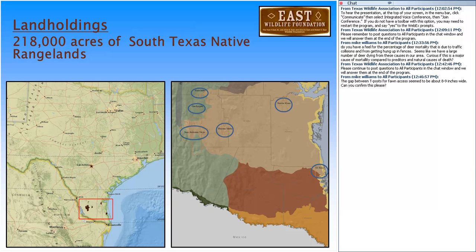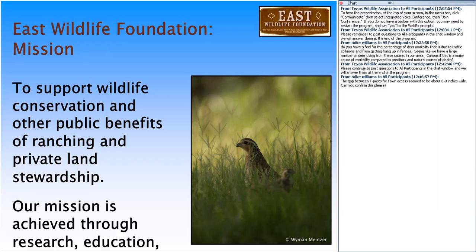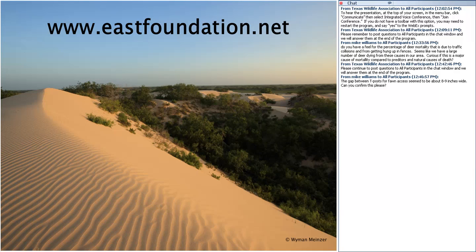Got over 200,000 acres across South Texas, all the way from the Gulf Coast to the San Antonio Viejo property south of Hebronville, that is where I presented some of the data from. Got a mission of helping the public understand the benefits of ranching and private land stewardship, and doing this through education and research. And there's a website to these foundations if you want to learn some more things about their activities.